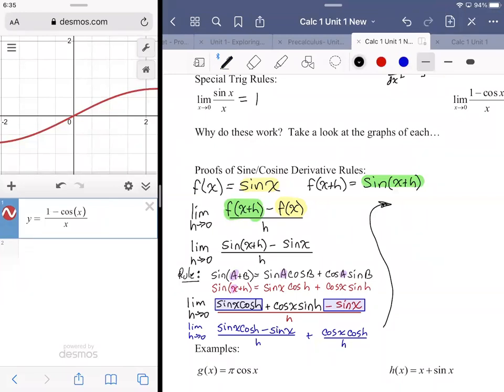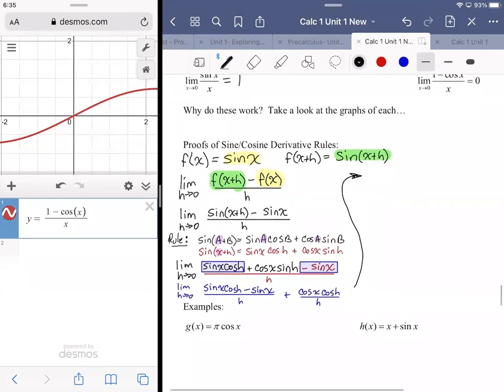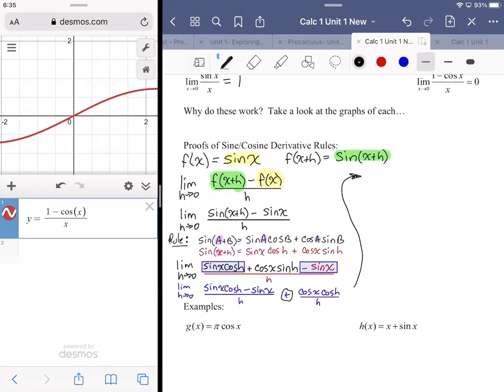One of the properties of limits involves a sum rule, which tells us that if you have a sum contained within a limit, you can break the limit up by the sum. So I can write this as two separate limits.